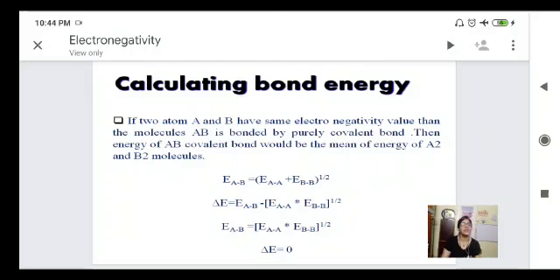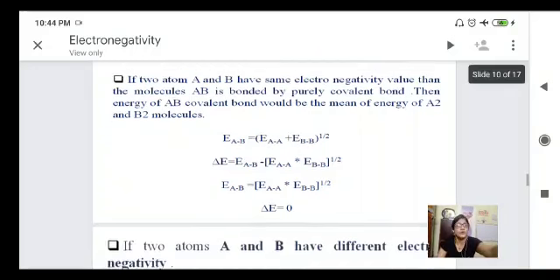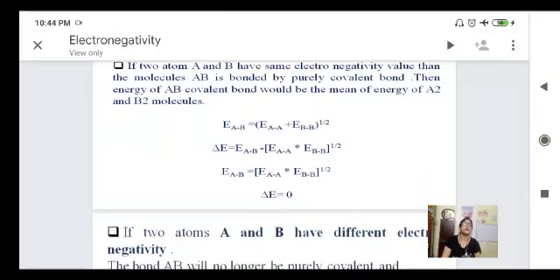We are taking the average: the bond energy when two A atoms are bonded, and the bond energy when two B atoms are bonded, divided by 2, gives you the bond energy calculation. For a non-polar covalent bond, that is a purely covalent bond, this delta E comes to 0.